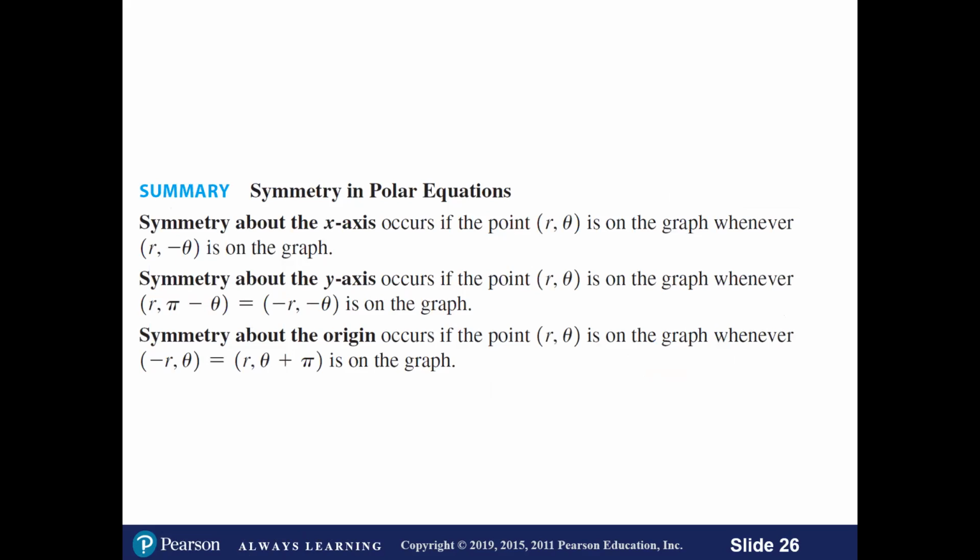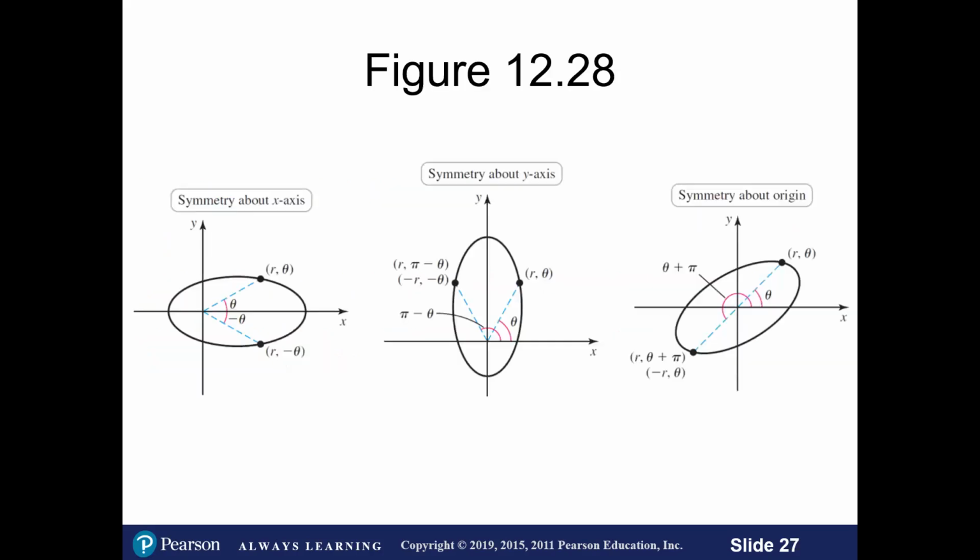Finally, symmetry about the origin. If r, theta is on the graph, negative r, theta is also on the graph. And again, we could describe that point as r, theta plus pi, which would get us that same point, negative r, theta.